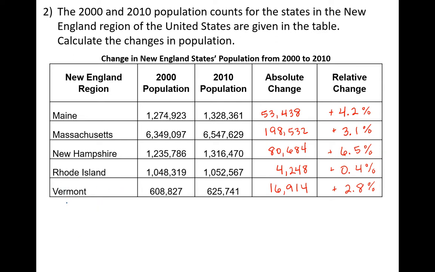Okay, let's get totals for these 5 states. 1,274,923 plus 6,349,097 plus 1,235,786 plus 1,048,319 plus 608,827. Aren't you glad we have calculators to do this?